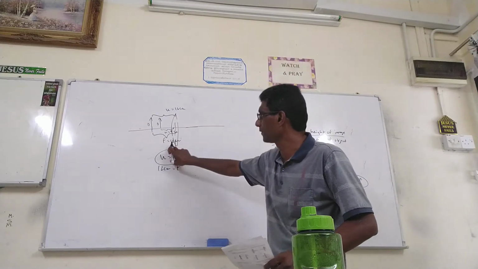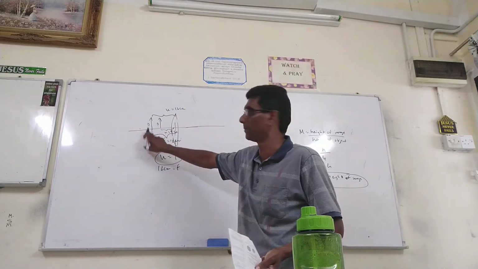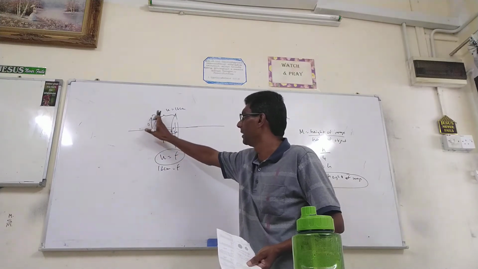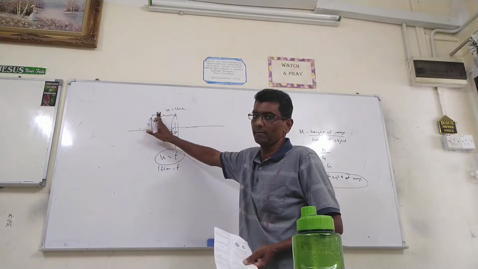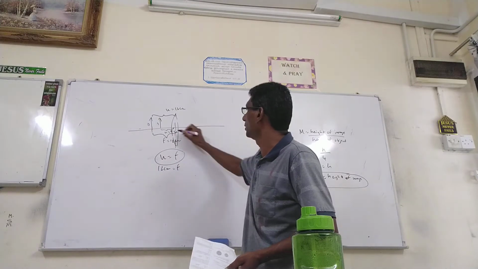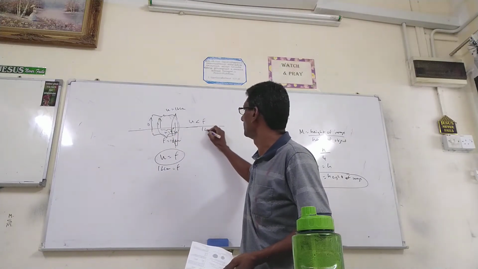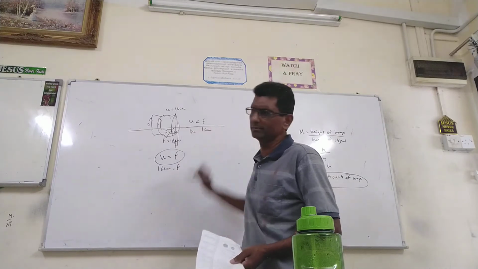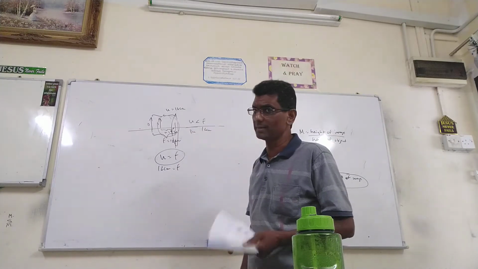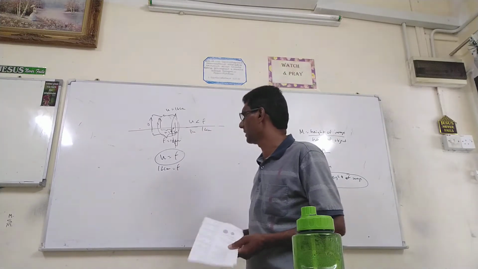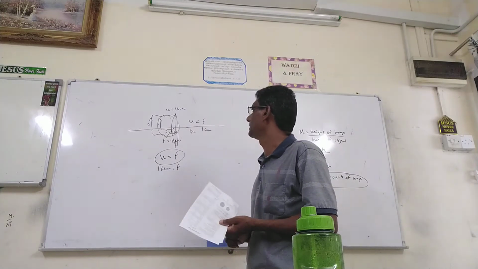The focal length is 12 cm, but now they bring the object to 8 cm, which is less than the focal length. So now the second category, U less than F. F is 12 cm, U is 8 cm.